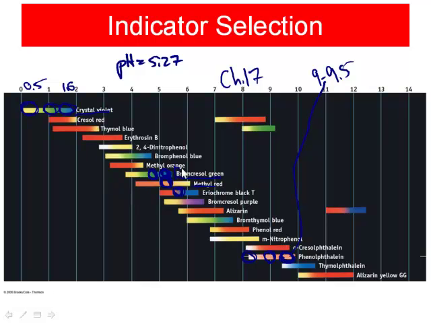So either bromocresol green or methyl red are going to be your two best choices of indicator for this titration. Hopefully that makes sense. There's a whole spectrum of indicators for different titrations where the pH at the equivalence point is in a different range. That's part C, or part D rather.